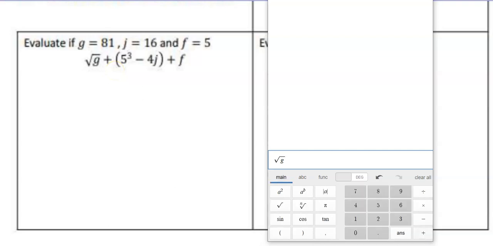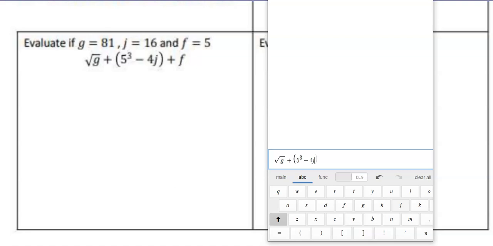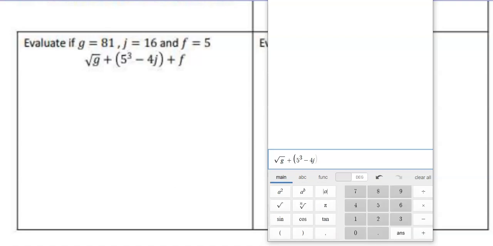So the square root of G plus parentheses 5, and then over here, if you want to raise something to a power that's not 2, you press this AB button. It's going to be the power of 3 minus 4J, and then I'm going to get outside the parentheses, and on the outside of the parentheses I have plus F.